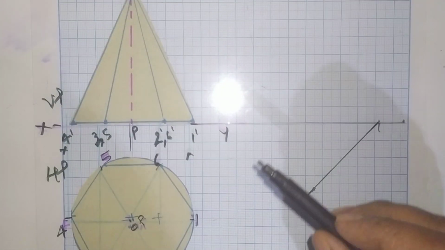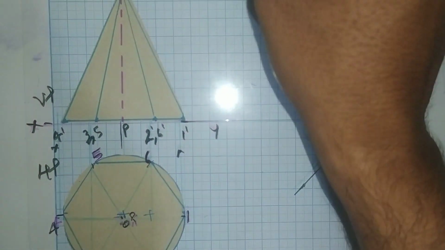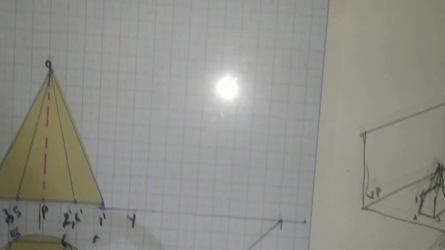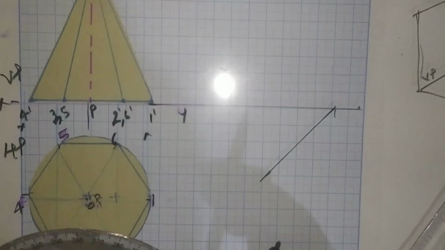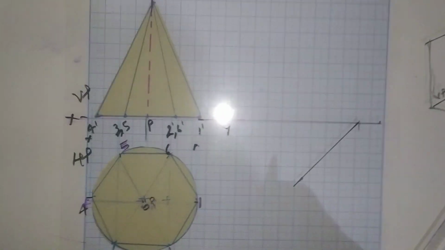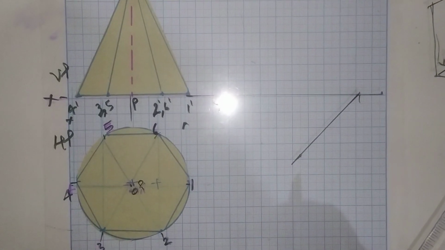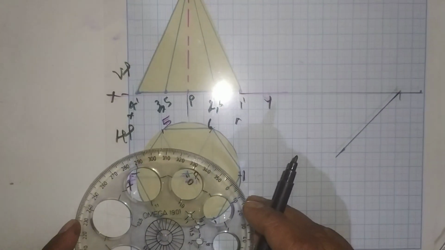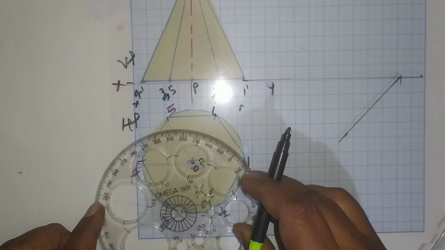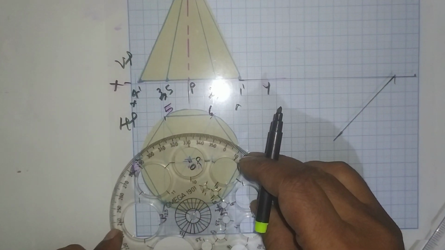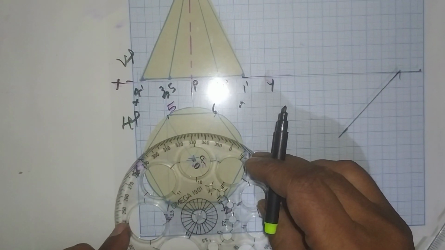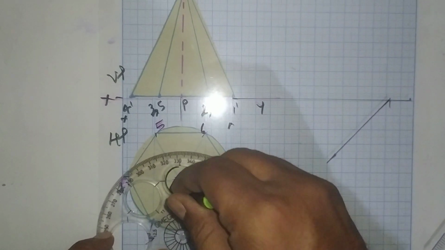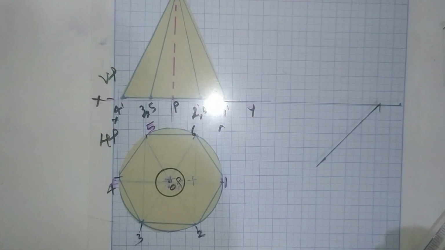This is 45 degrees, but from the axis, what distance is given? 10 mm. So take a 10 mm radius in the compass. From the center, draw a circle.